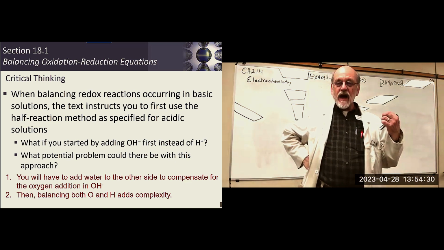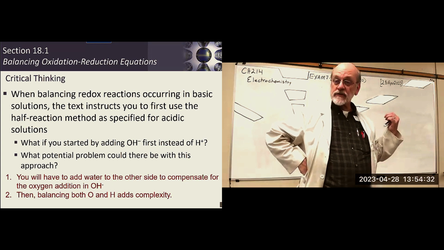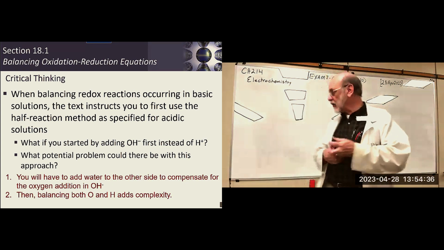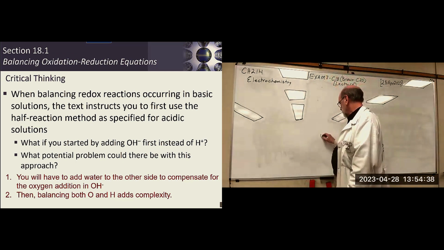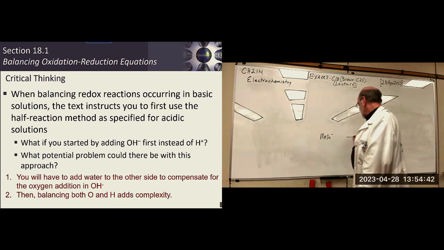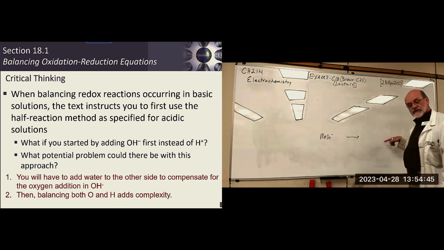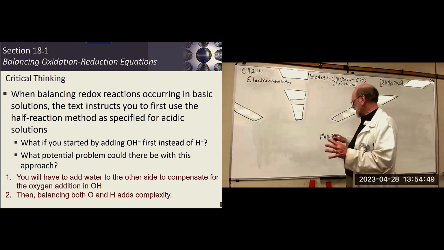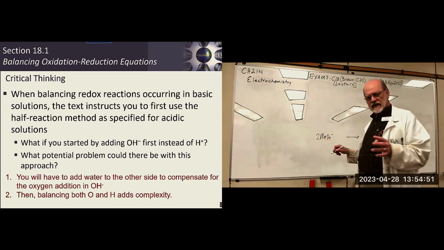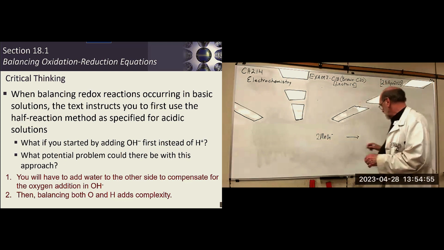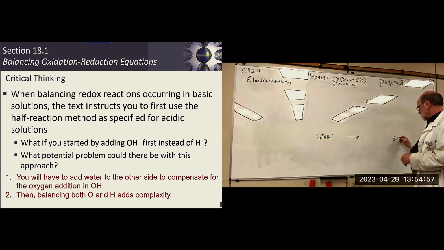If you added oxygens on one side as hydroxyls to balance the oxygens, say MnO4, like this. If you needed to put oxygens on this side, instead of water, use hydroxyls. So let's say, what do we have? Maybe 2 here? So we have 8 oxygens, right? So we need 8 hydroxyls.